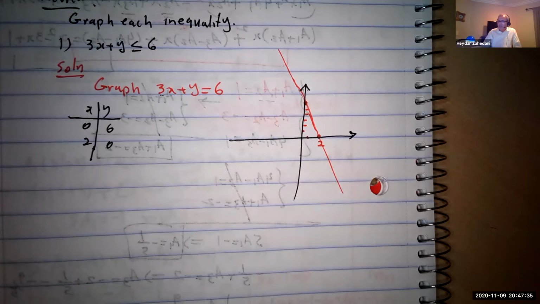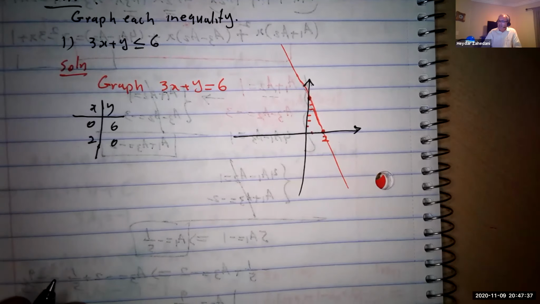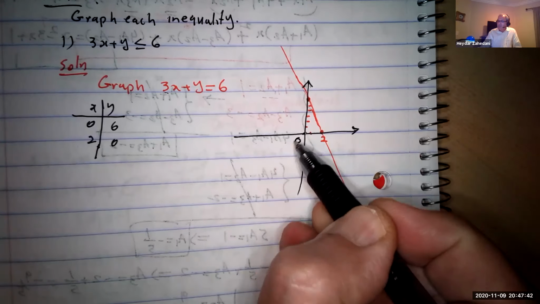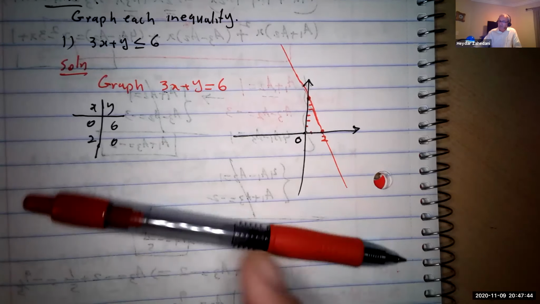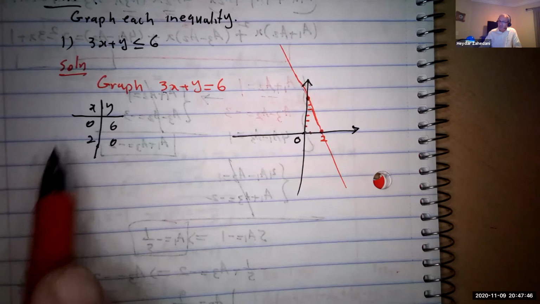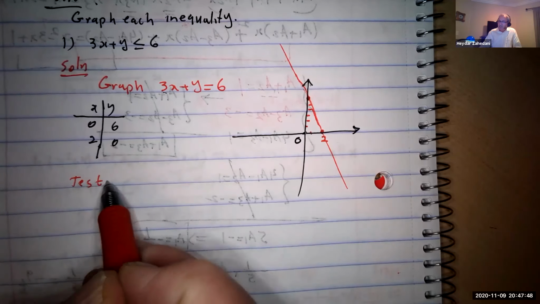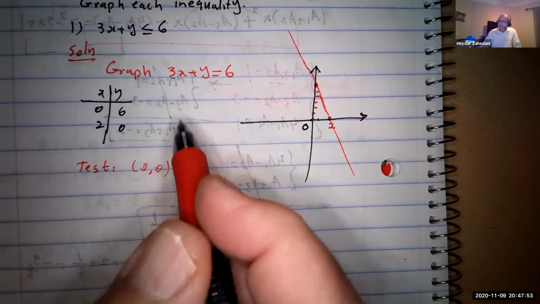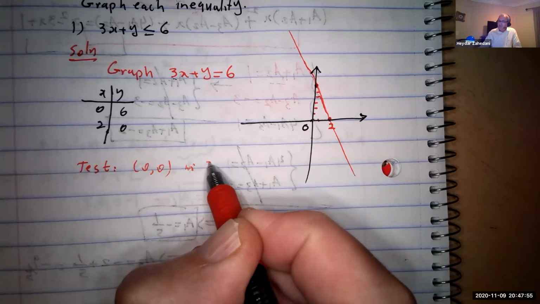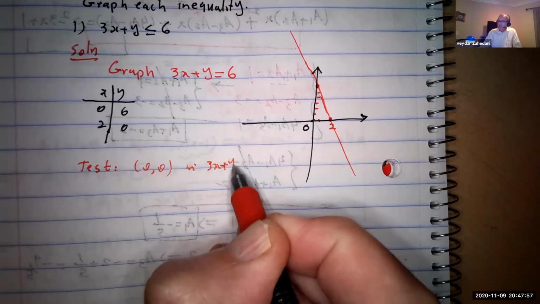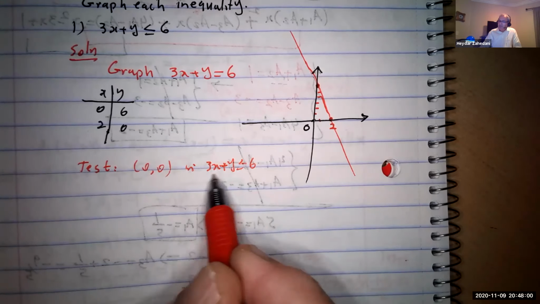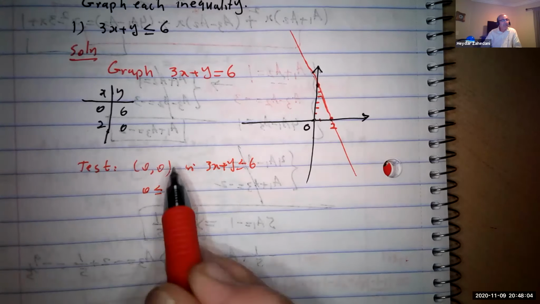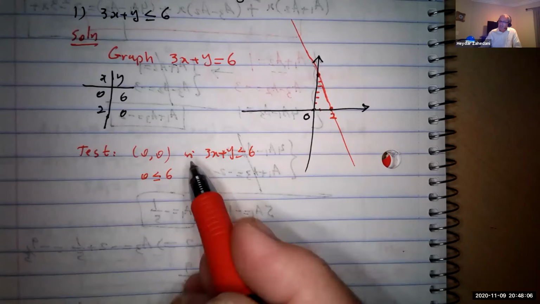So what we did in algebra course, they ask you to test the origin. Test 0, 0 in your equation. So in this equation, 3x plus y less than or equal to 6, if you test the origin, that gives you 0 less than or equal to 6. That is going to be true.